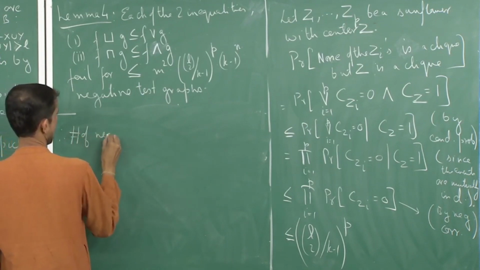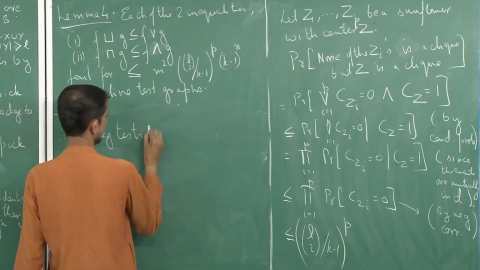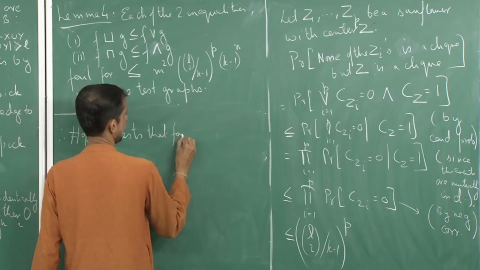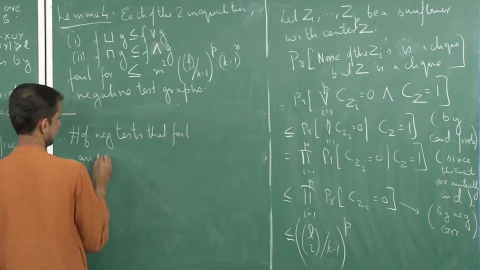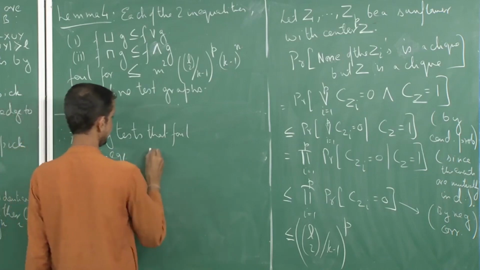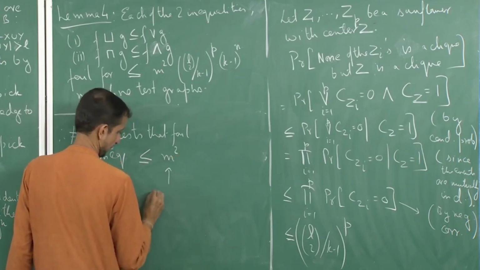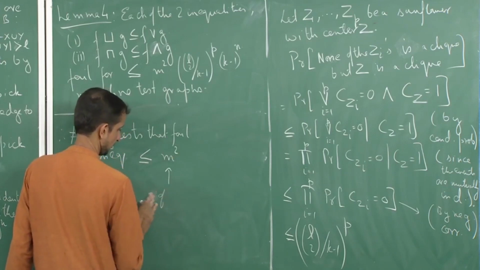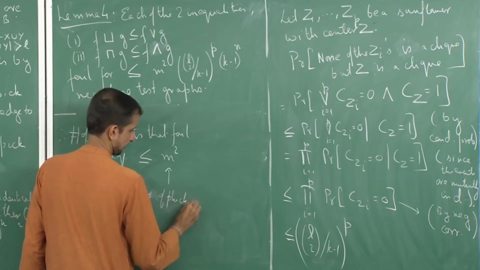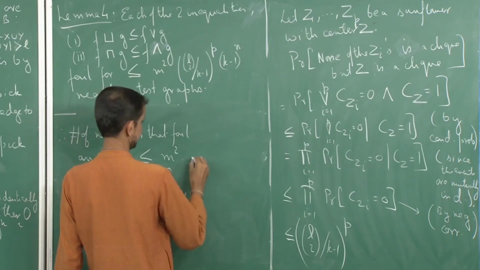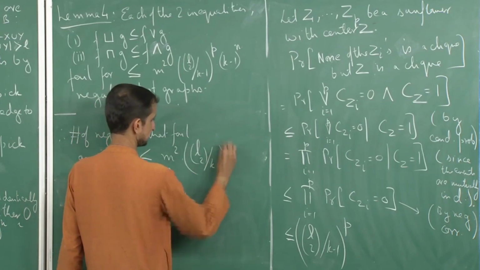Therefore the number of negative tests that fail an inequality is at most m square, the maximum number of pluckings, times L choose 2 by k minus 1 to the power p.